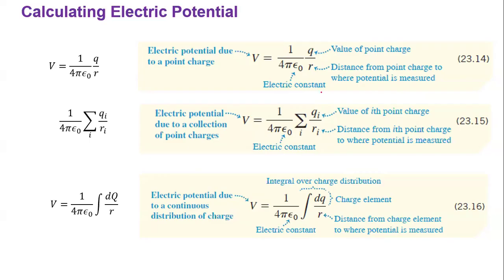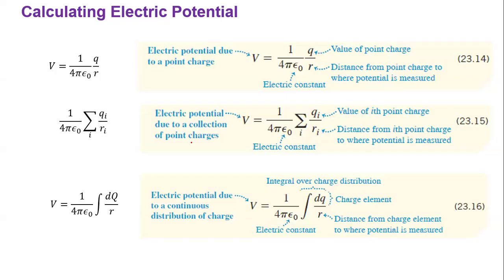We have the electric constant. Also, for the electric potential due to a collection of point charges, we sum over them, and if the potential is due to a continuous charge distribution, we use an integration over the charge distribution. So this is the formula for that.